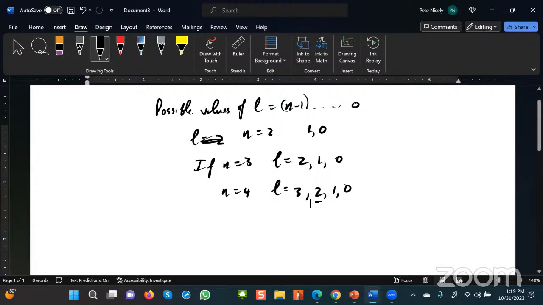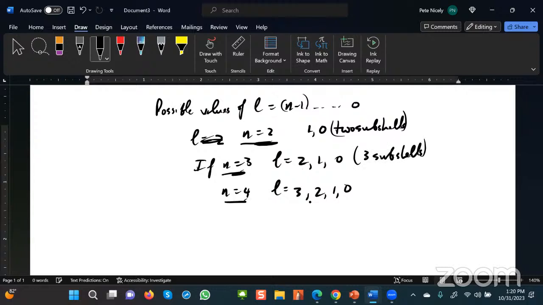And basically what this means is that, for example, for the second shell, which is n equals 2, there are 2 subshells, right? Because you have 2 values of L. For the third shell, you have 2, 1, 0, so that means you have 3 subshells, right?